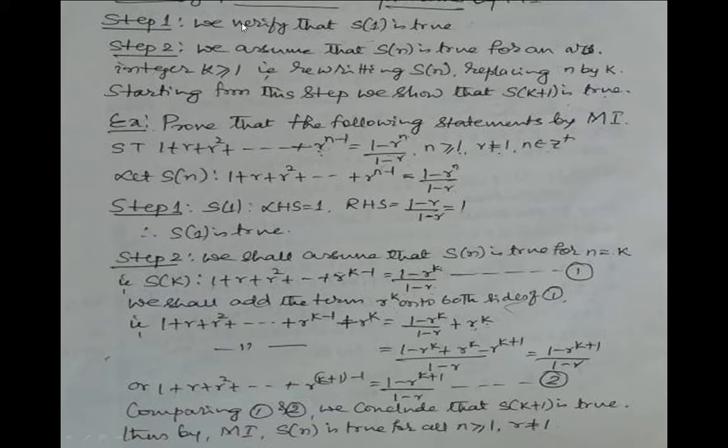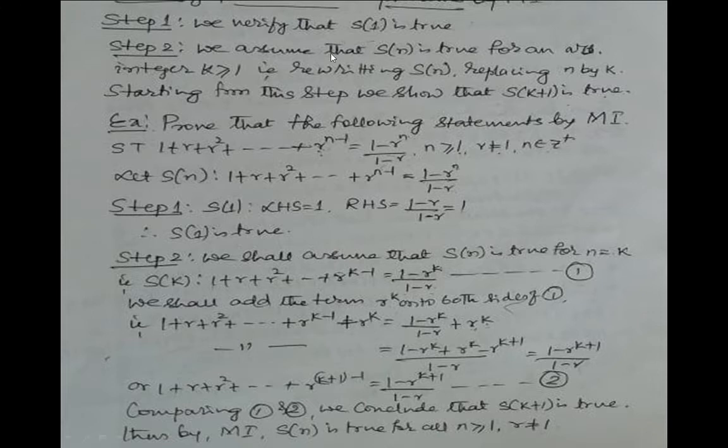What is step 1? We verify the theorem for S of 1, that is n equal to 1, which should be true. That is, it should be satisfied. The next step is, we assume that S of n is true for an arbitrary integer k greater than or equal to 1. Here, let me denote it by k.